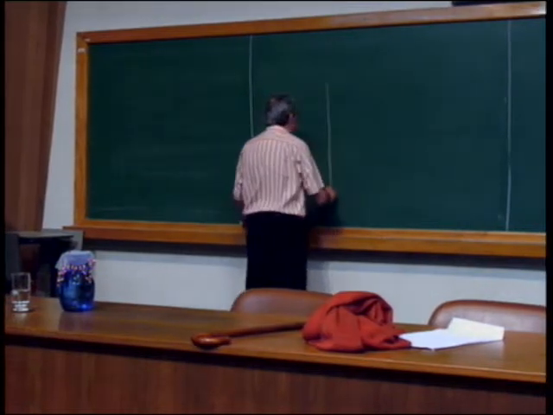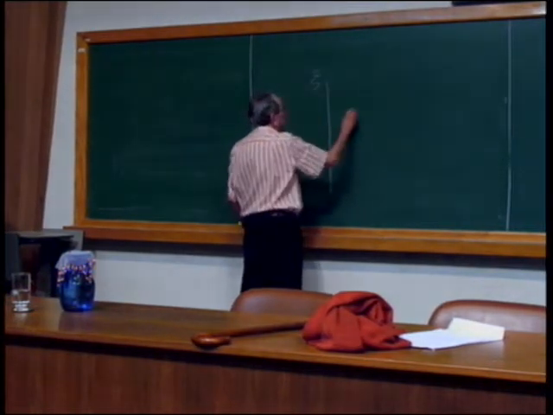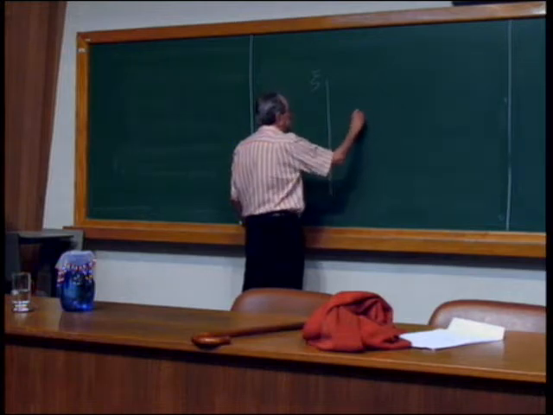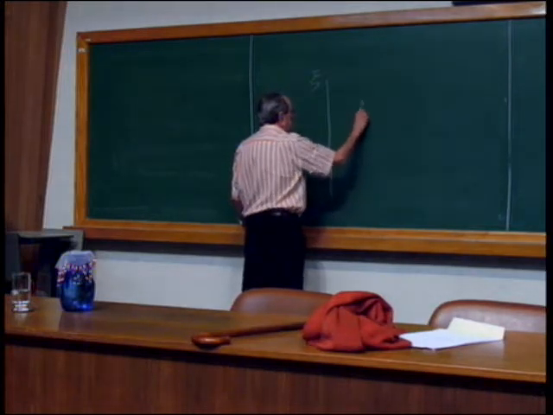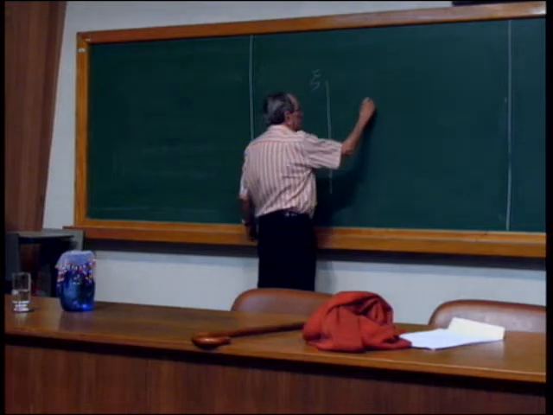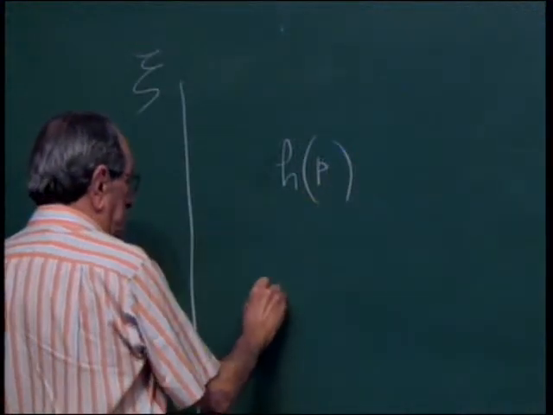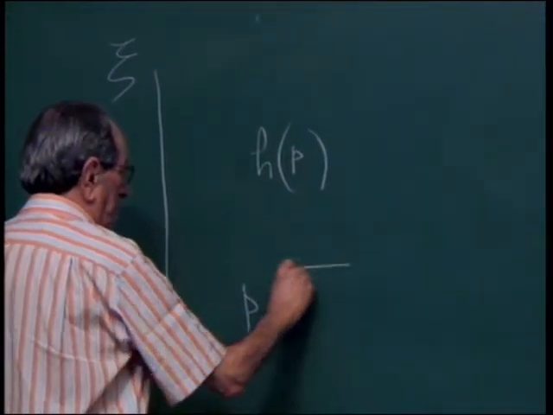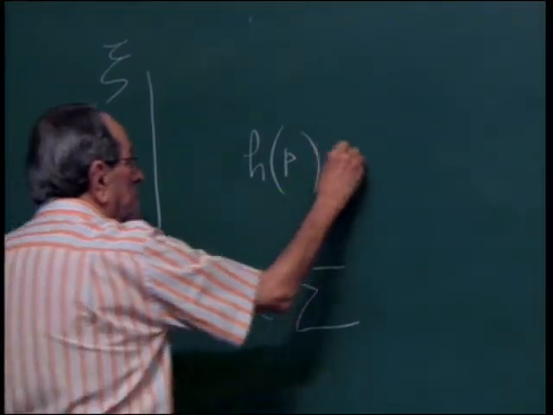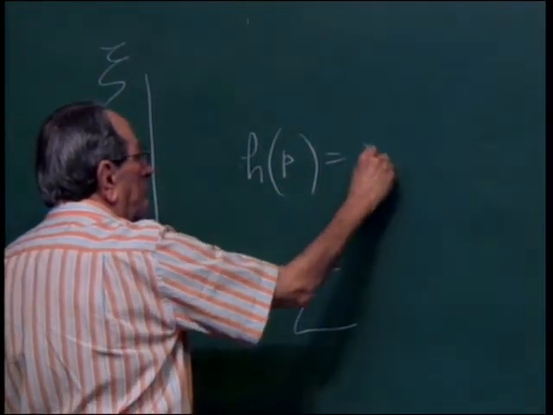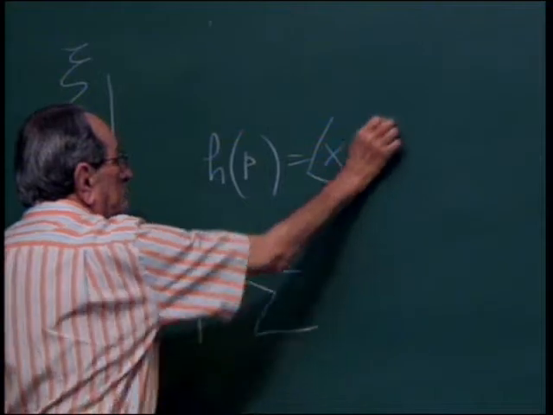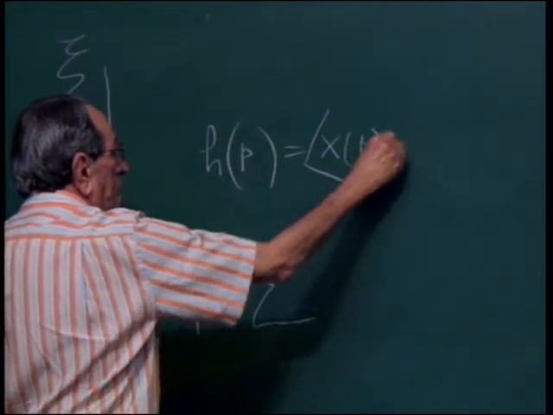I have this direction xc, and then I introduce the function h, the height function, that's defined at the point P of the surface as the position vector times c.